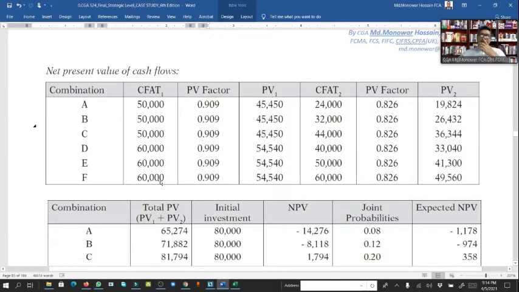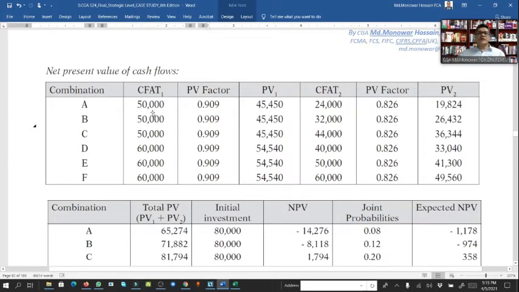Then 60,000, 60,000, 60,000. And the PV factor at 10% for the first year is 0.909. If we multiply the first-year cash flow after tax by the PV factor at 10%, we get present value number 1, because we have different present values that we have to add up lastly. That is why we assign it PV1.